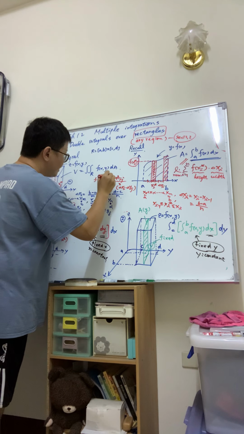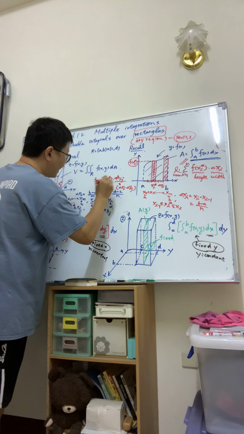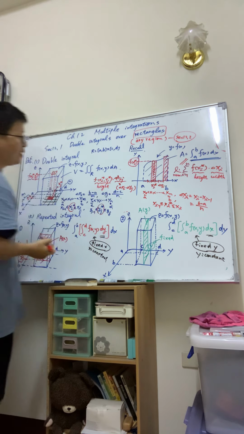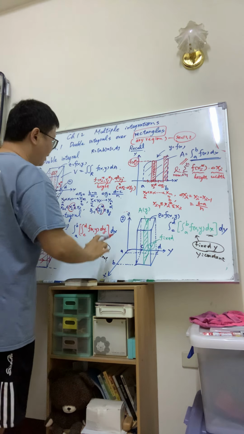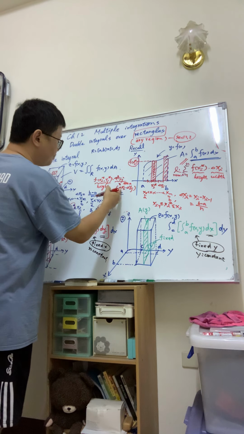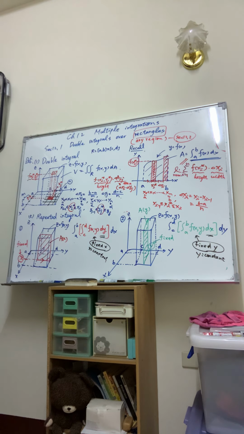And then the area is delta xi times delta yj.